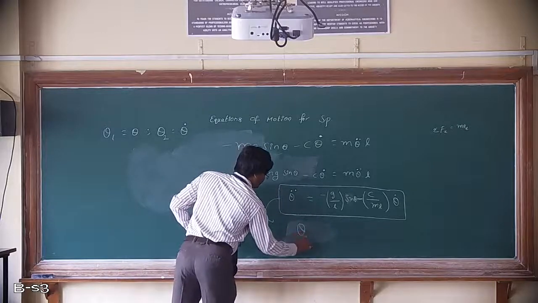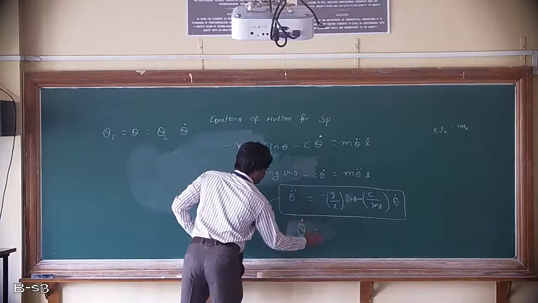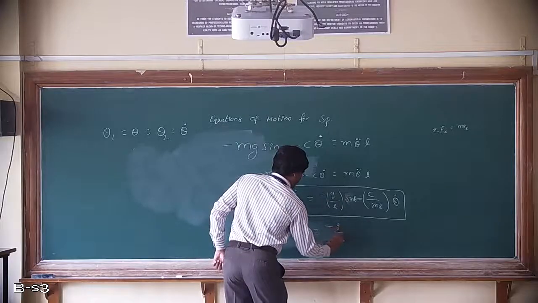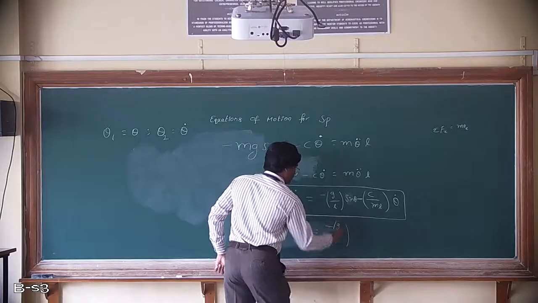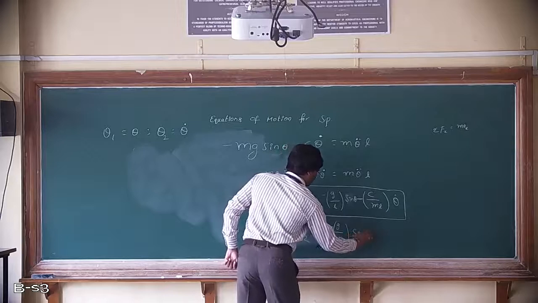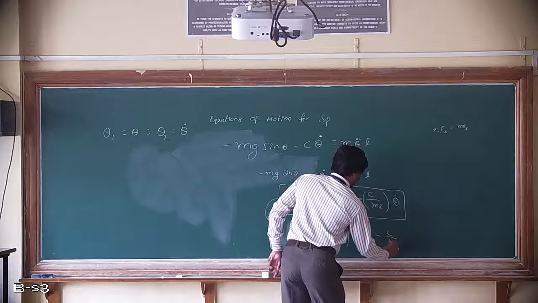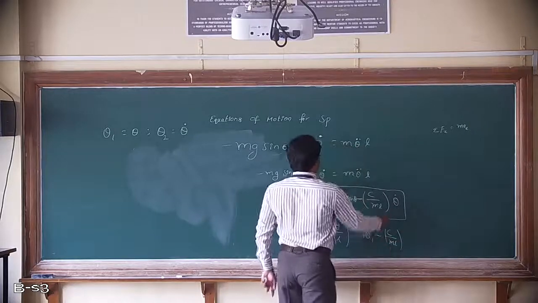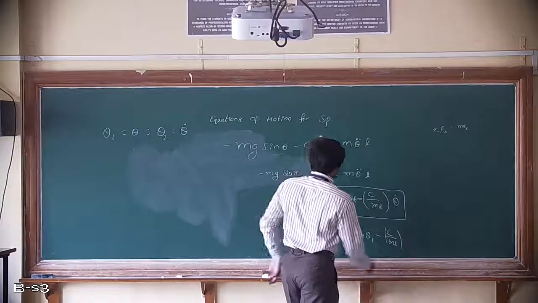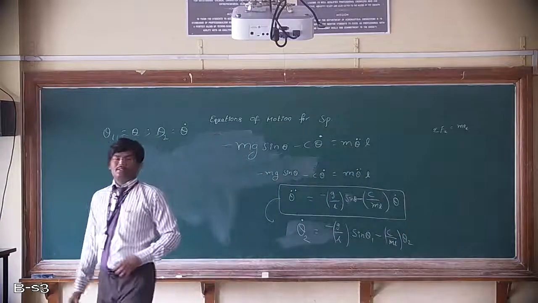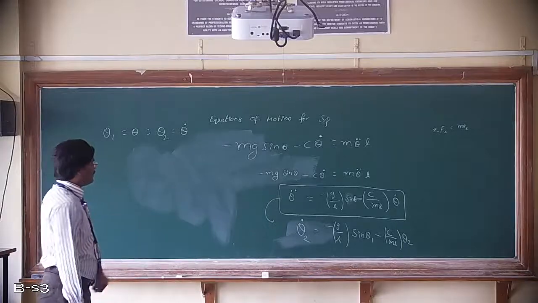So theta 2 dot is equal to minus g by L sin theta 1 minus c by ml. What about theta dot? It is nothing but theta 2. Are you with me everyone? Can you write like that? Yes, you can.